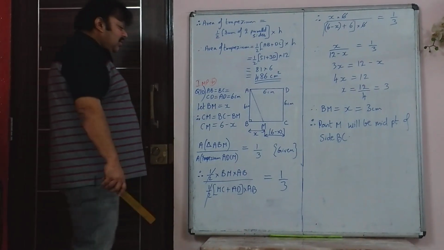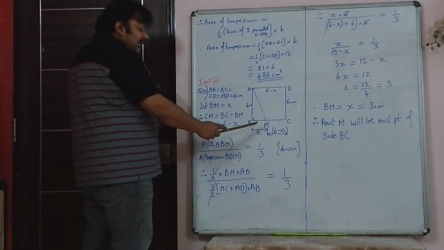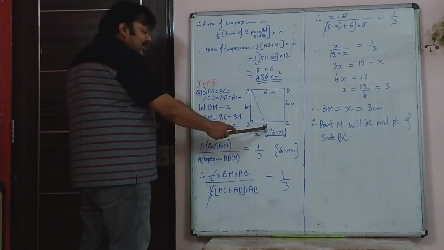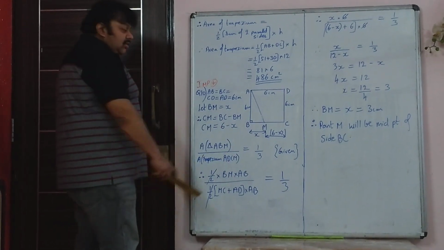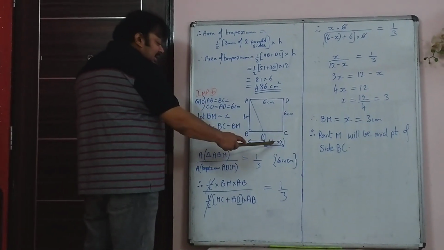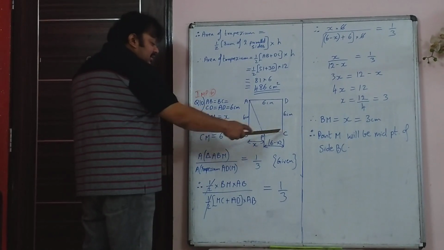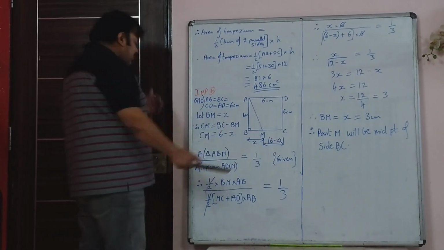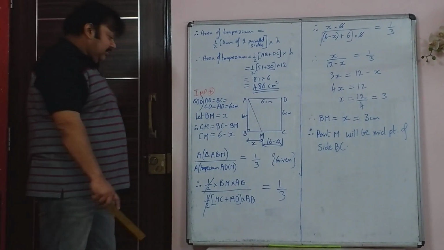So therefore, what we do is we let point M be such that BM is X. So obviously MC will be the entire length 6 minus X. So MC is 6 minus X.